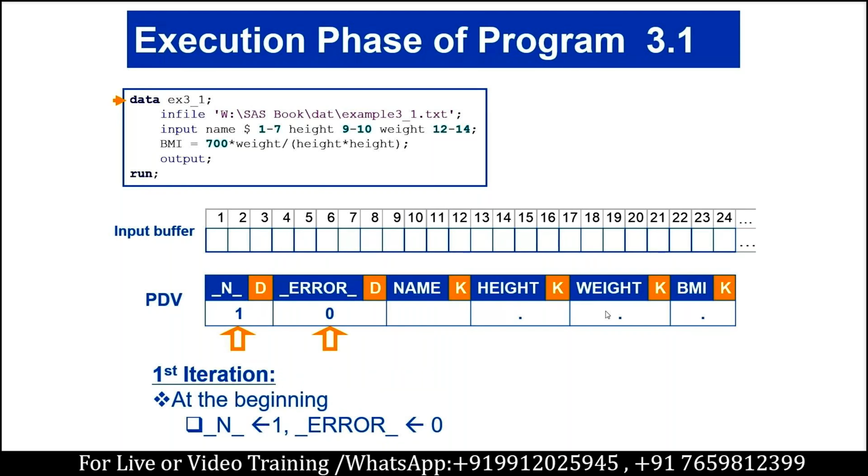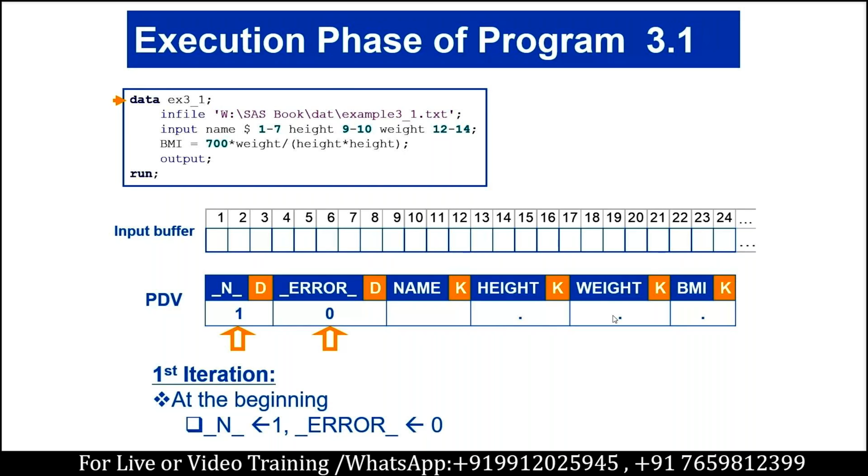Now, as there are no errors in my program, it will enter the execution phase. Observe the cursor carefully. How is the cursor going to move? To the top, the data statement. Once the cursor reaches the data statement, that is called the first iteration. At the beginning, _N_ is set to 1, _ERROR_ is initially 0, and all variables are set to missing values. Remember, this is a very important question: what will be the initial value before reading the variable value?